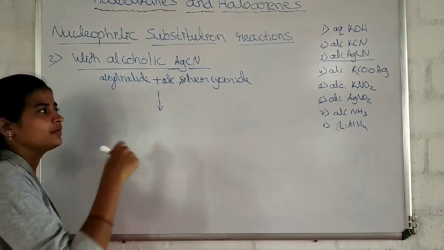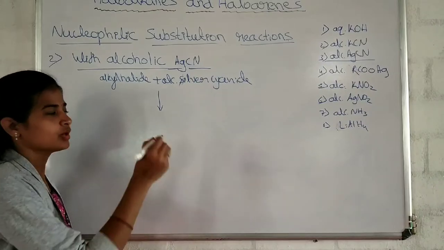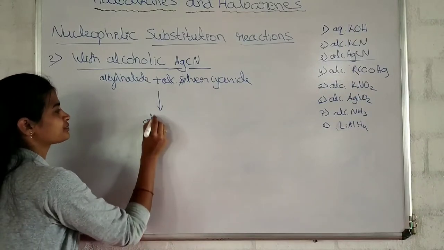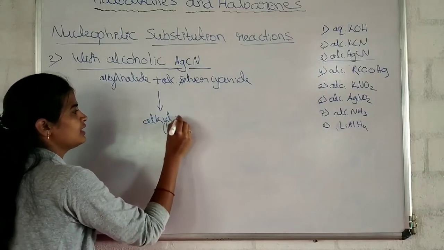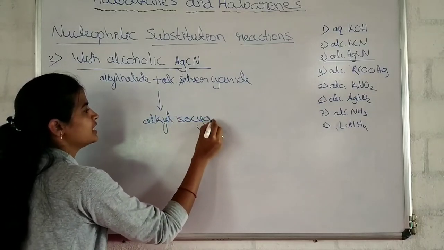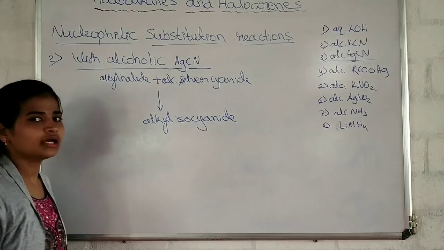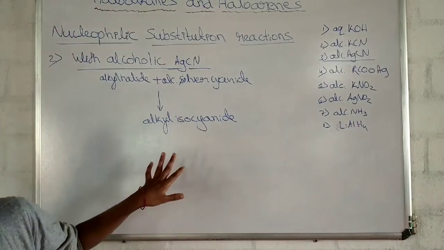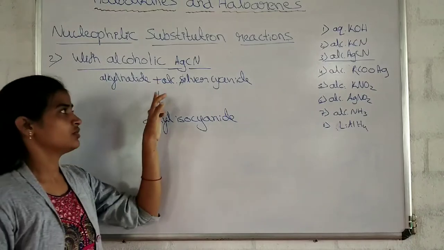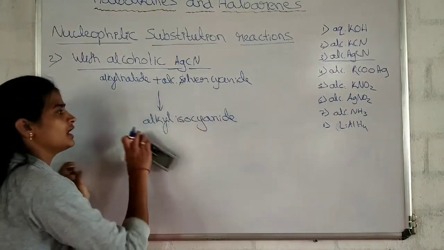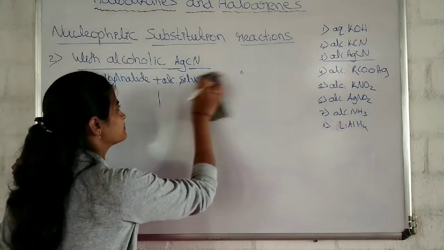As you are expecting, alkyl cyanide is formed. No. Here, alkyl isocyanide is formed. Hope you are writing this explanation. When alkyl halide is treated with alcoholic silver cyanide, alkyl isocyanide is formed.